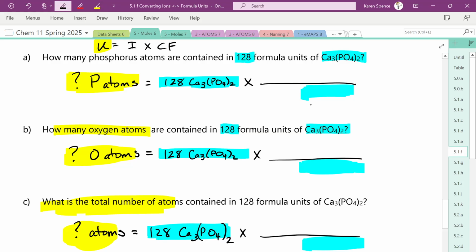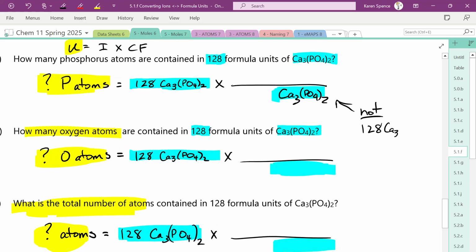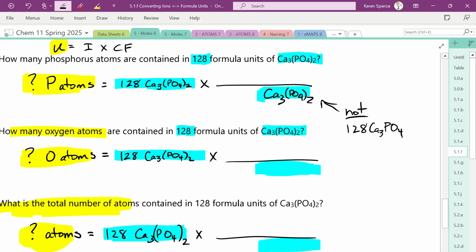So this is not 128 Ca3(PO4)2, this is just Ca3(PO4)2, because we're not looking for the ratio of 128 Ca3(PO4)2 to the calcium ions. I mean, you could do it, but it would be really awkward.